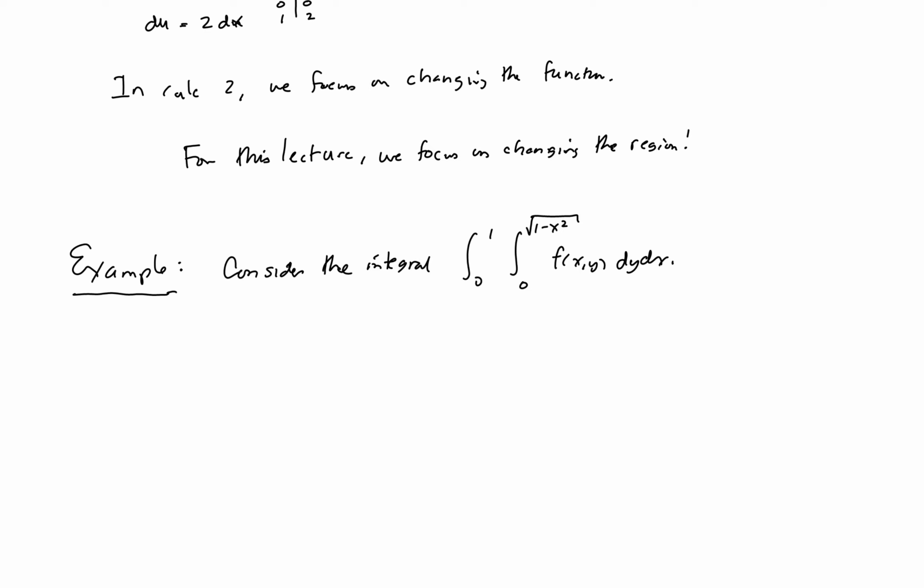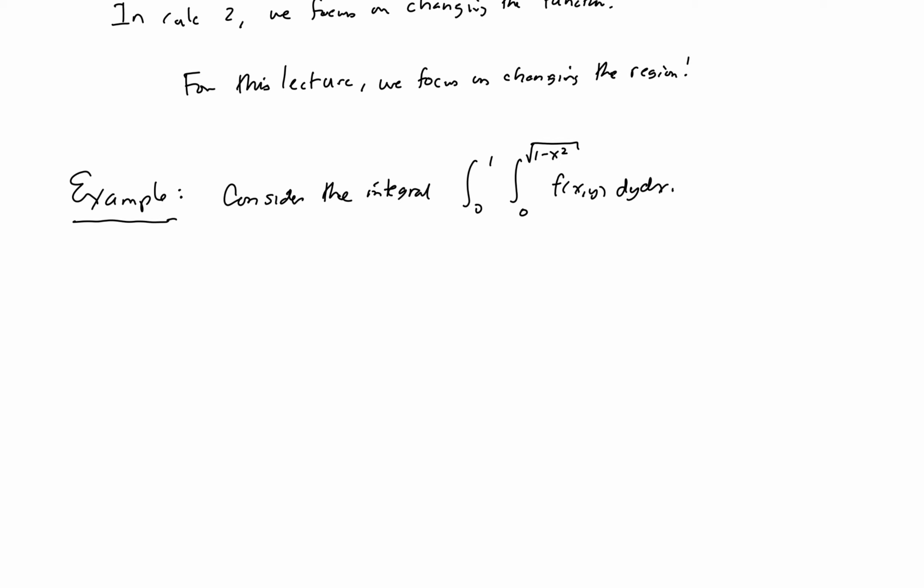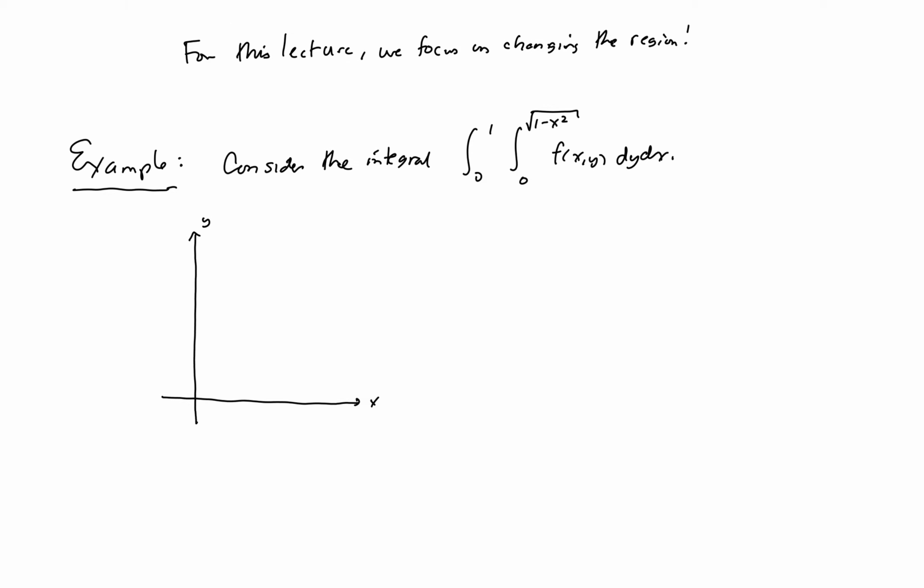Look at this dy dx. Now, if I think of this region as R, we can graph this region as follows. This is the region here, where the circle is x squared plus y squared equals 1, and we want this region here. Let's call this region R.